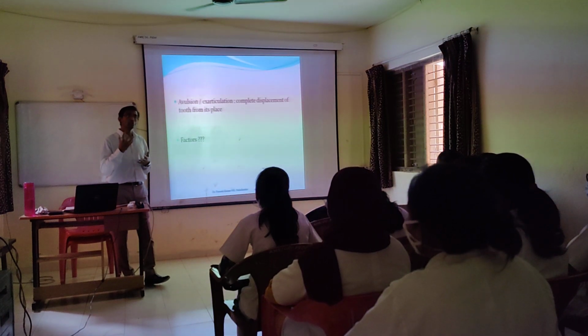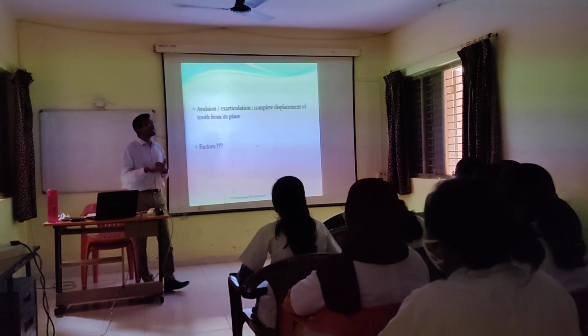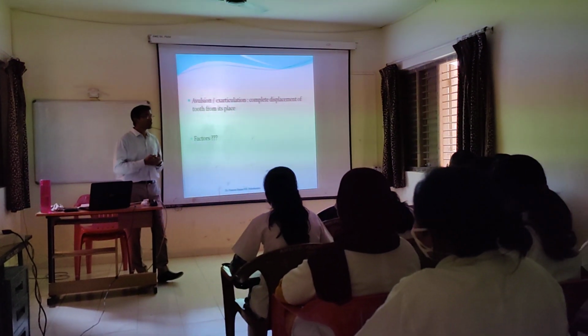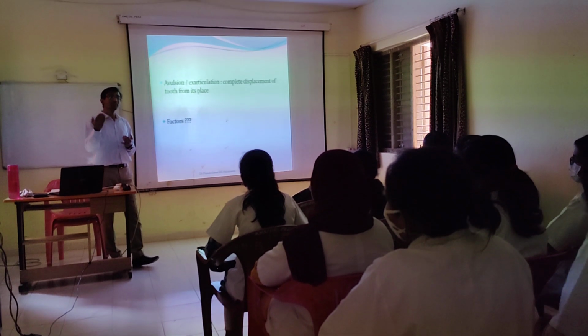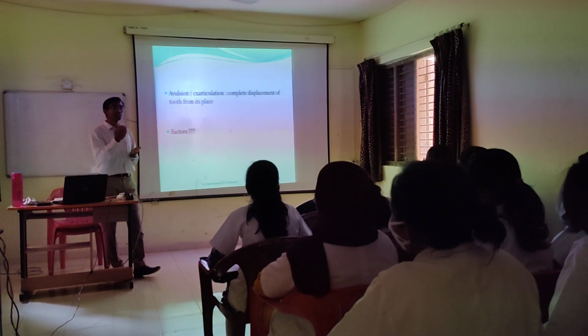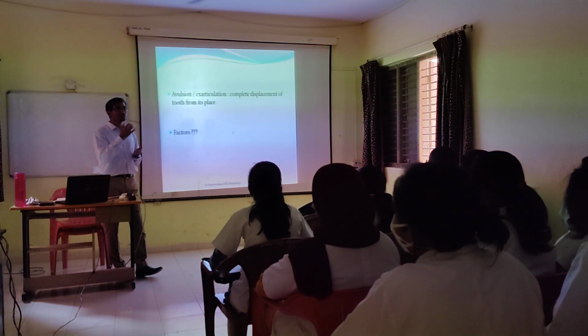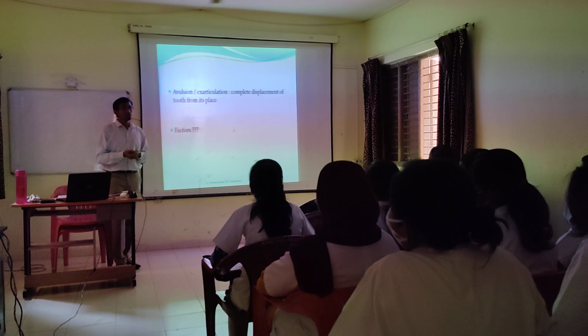Whenever a cushioning or resilient object hits your tooth, it would cause exarticulation or avulsion of the tooth. Along with that, the site where it makes an impact is also important, for example whether it is at the incisal edge or at the center of rotation, where the whole tooth pops out of the socket.